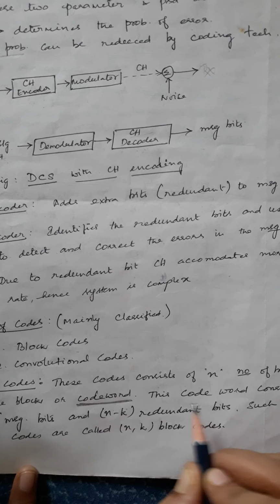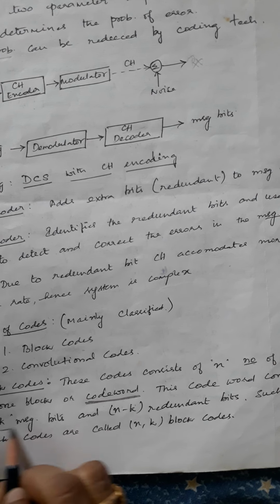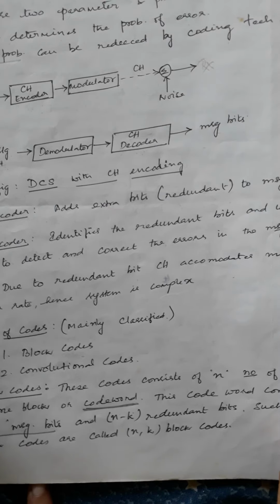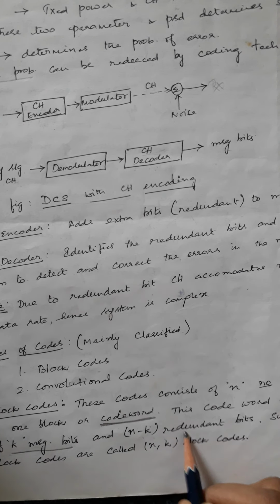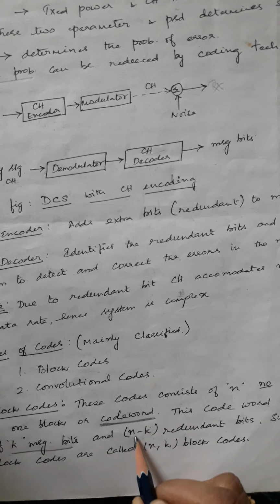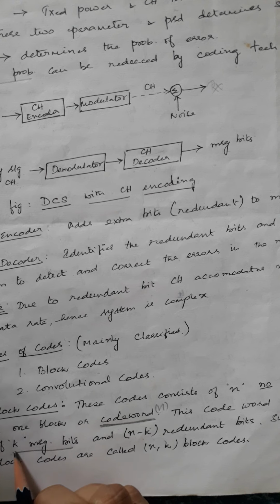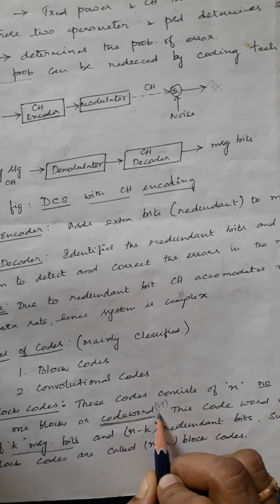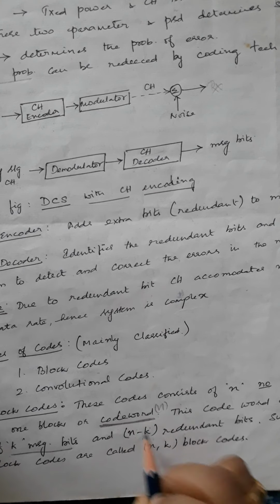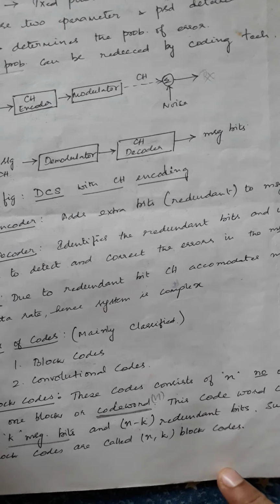So, a code word is going to consist of k number of message bits and n minus k number of redundant bits, where n is the total number of bits in a code word. So, k bits are message bits, and n is the total number of code word bits. This n minus k is the number of redundant bits which you are going to add to the message signal.